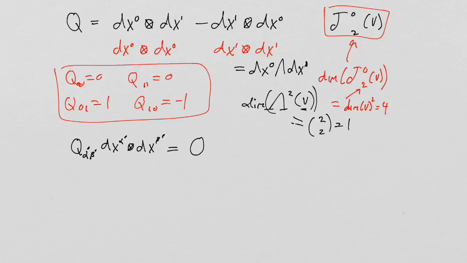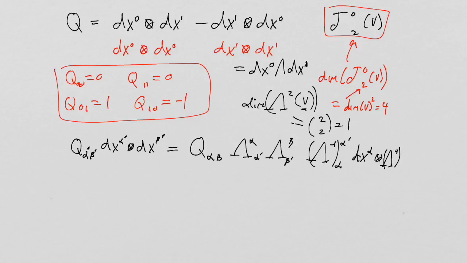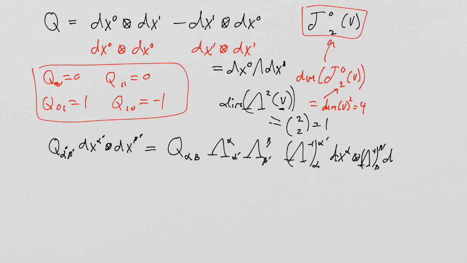This has got to be the same thing as over there. So this has got to be alpha, beta, lambda, alpha prime, transformation matrix, beta prime, and then I need the contravariant one for dx alpha, so I need alpha prime, transform, lambda inverse, beta prime, beta, dx beta.